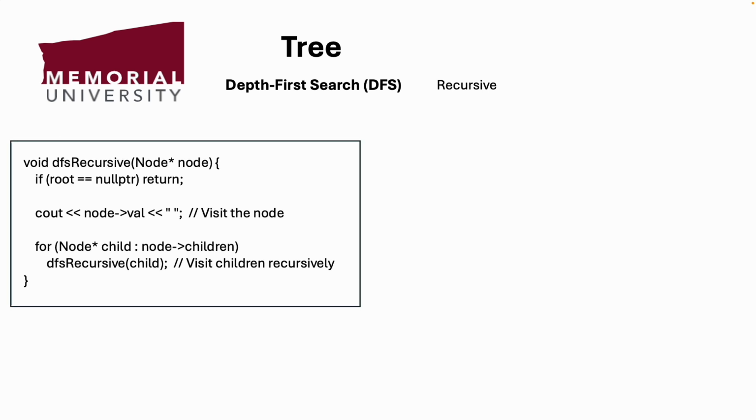So depth first search also applies recursively. This is the code for the recursive implementation, the same as pre-order traversal. We have the precondition check: if it's a null pointer, we just return. Then we visit the node, and then visit the children recursively.